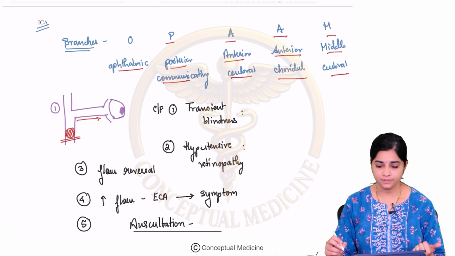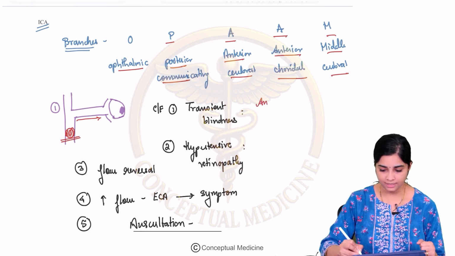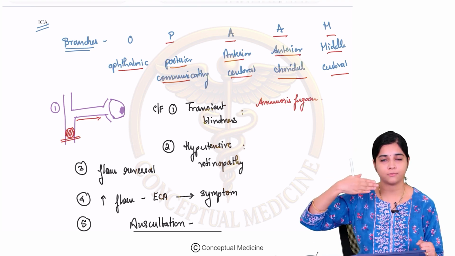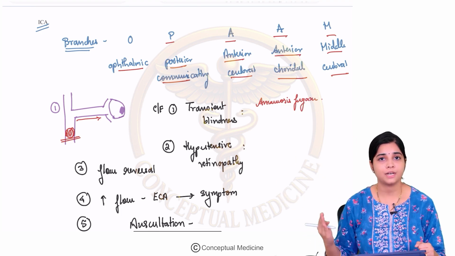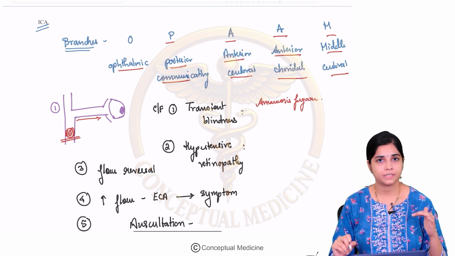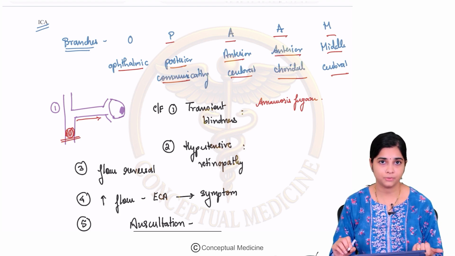If the flow is reduced, they can have transient blindness, which we call amaurosis fugax. They feel like a curtain has fallen. So they have transient blindness in ipsilateral ICA occlusion because of decreased blood flow through the ophthalmic artery.